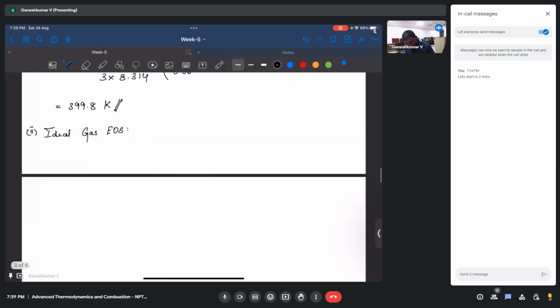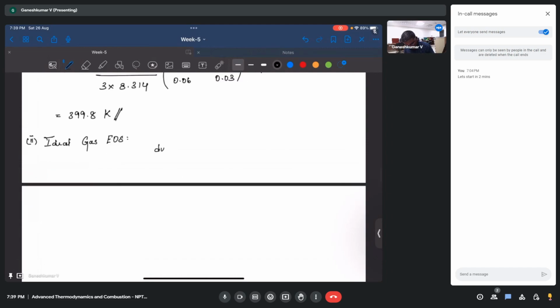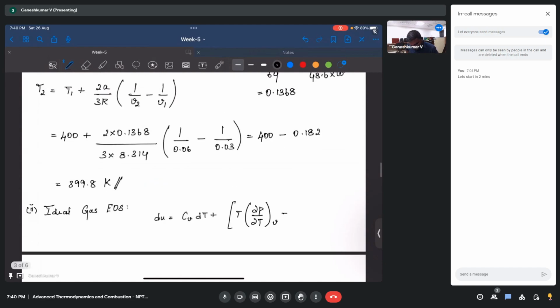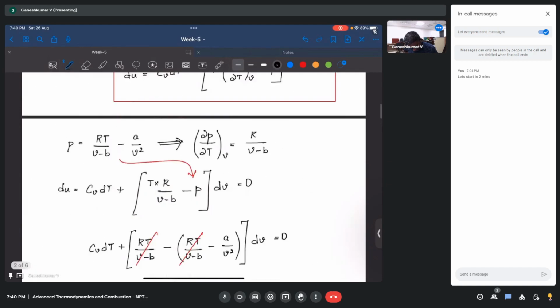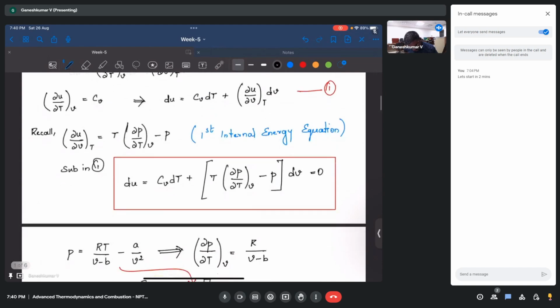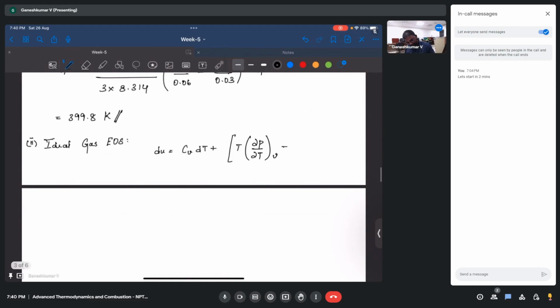Everything is going to remain the same except that du is going to be, let's write it down, du is cv dT plus T times dou P by dou T at constant V minus P times dV, which is equal to 0.